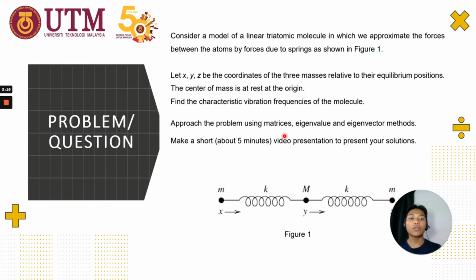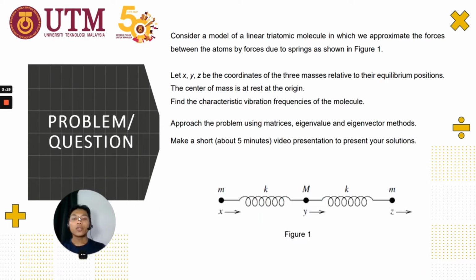You can see over here, the question gives a diagram to refer to for this sentence, which says the three masses are relative to their equilibrium position, and the center of mass is at rest at the origin. You can see the small letter m and the capital M are different things.